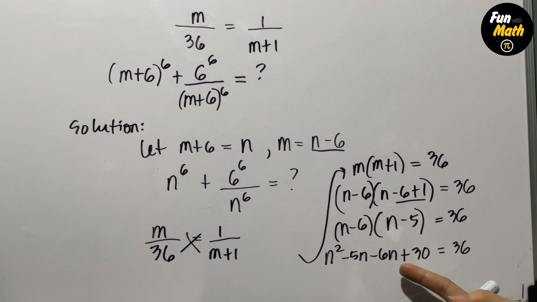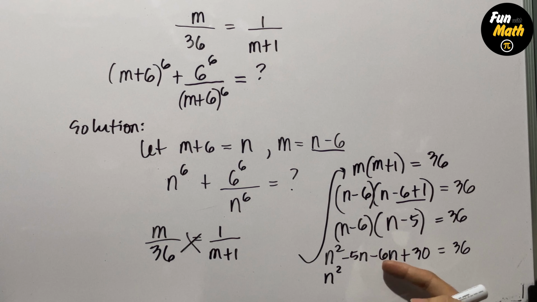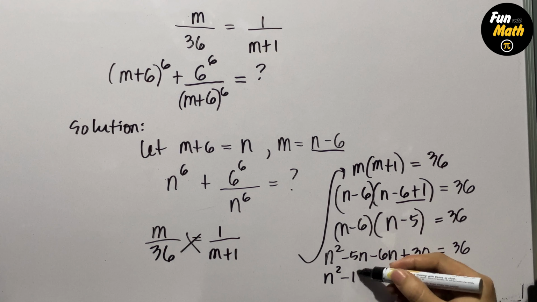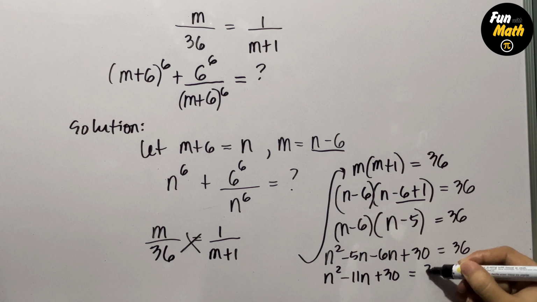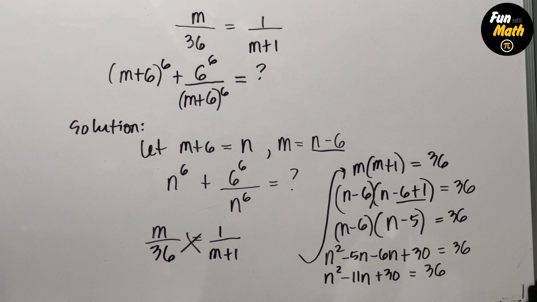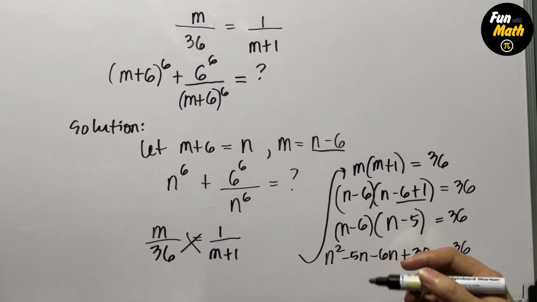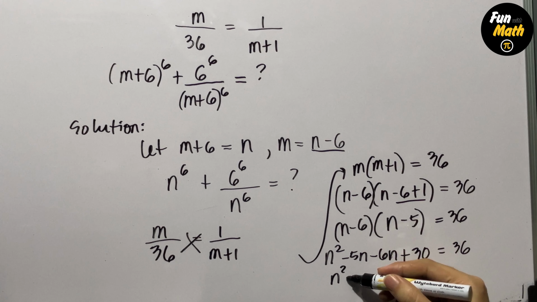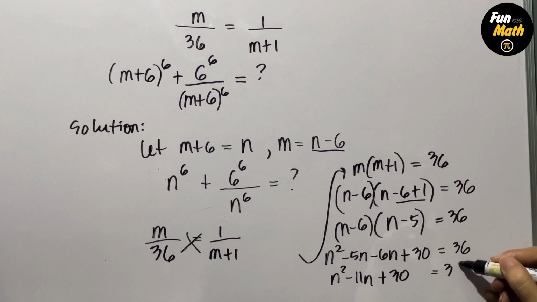And now let's combine like terms. So n squared minus 5n minus 6n, that is negative 11n, plus 30 equals 36. So we have the quadratic equation, n squared minus 11n plus 30 equals 36.